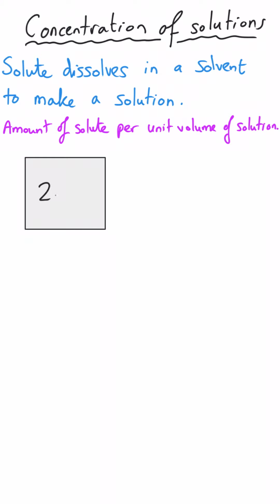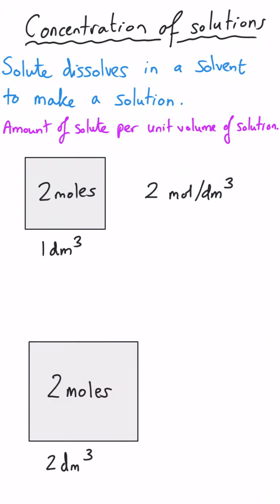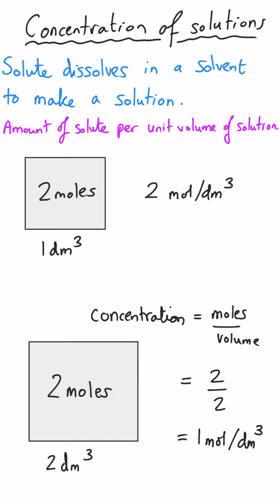So if we have, for instance, 2 moles of solute in 1 cubic decimetre of solution, the concentration is written as 2 moles per cubic decimetre, which is also equivalent to a litre, by the way. Similarly, if we had a larger volume, 2 decimetres cubed, and we still had 2 moles, the concentration this time is 1 mole per cubic decimetre.